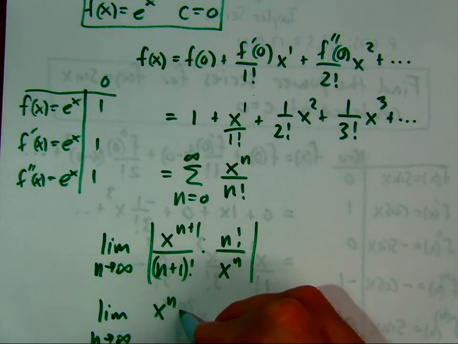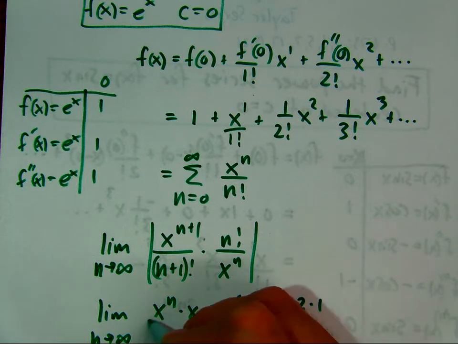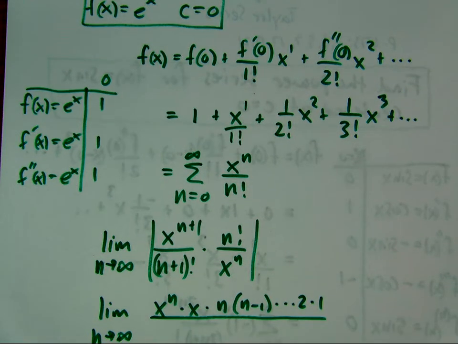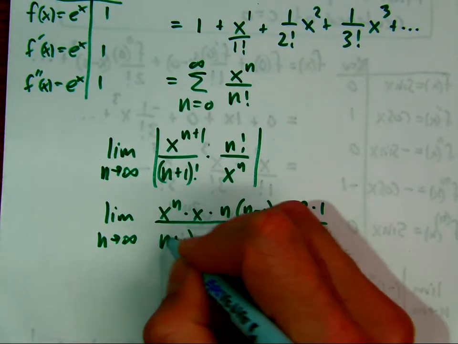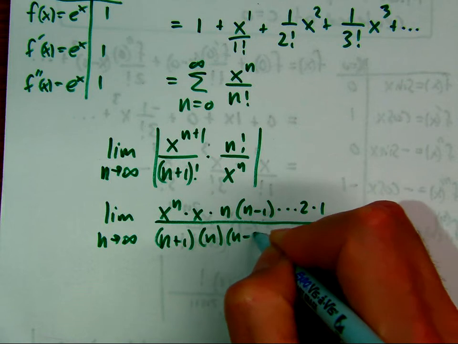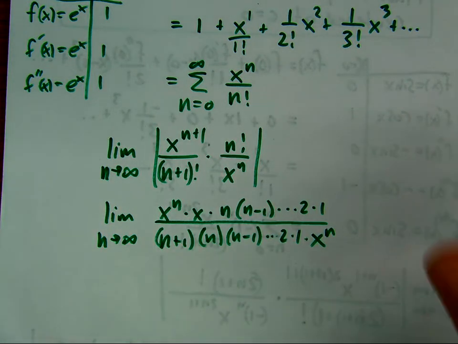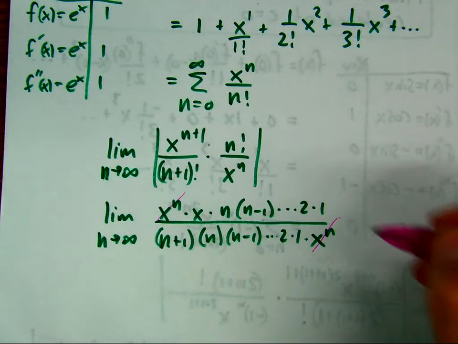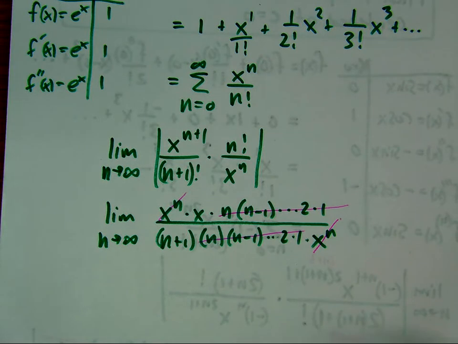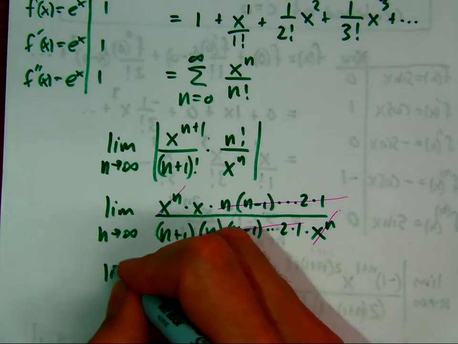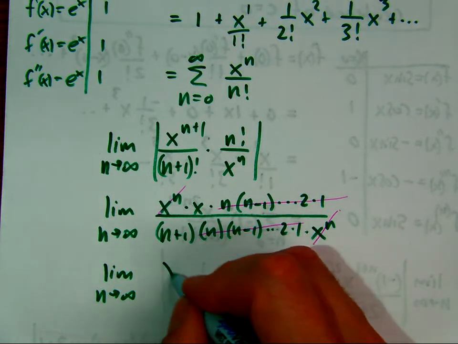That's x to the n times x times n factorial over n plus 1 times n factorial and then an x to the n. So x to the n cancels. N factorial cancels with n factorial. So x over n plus 1.